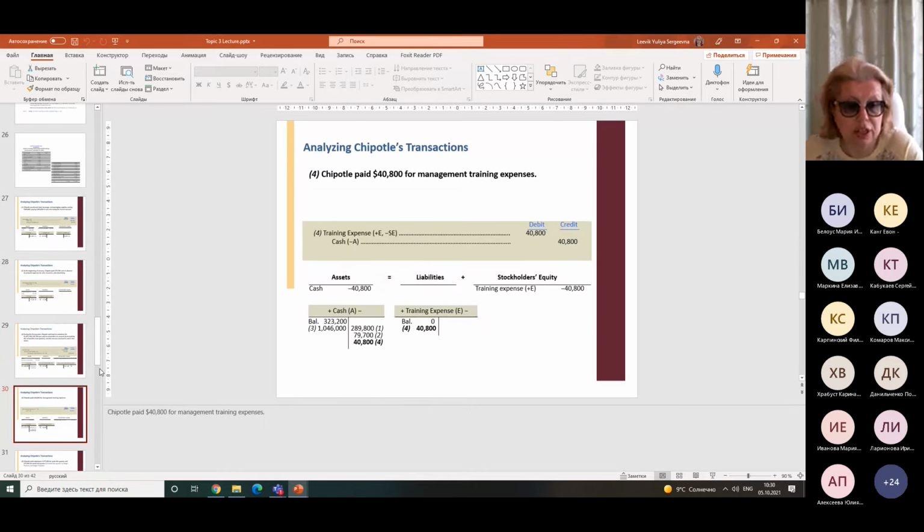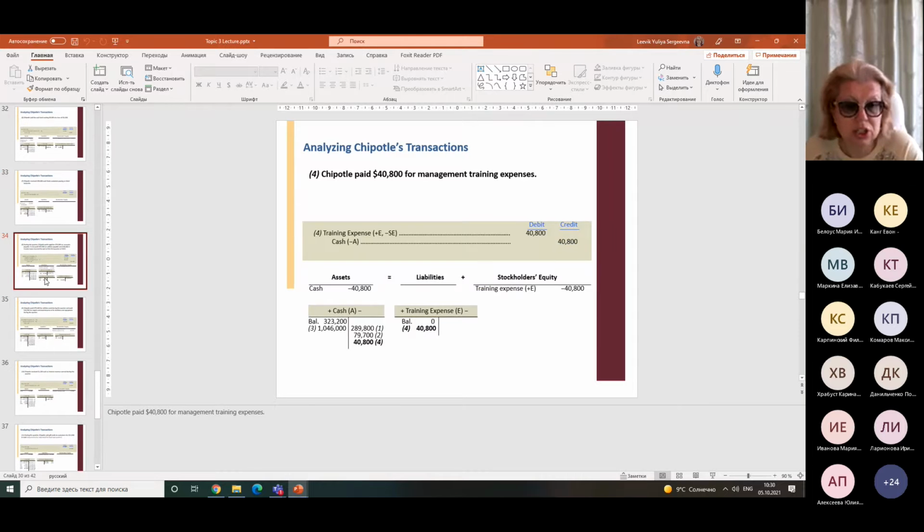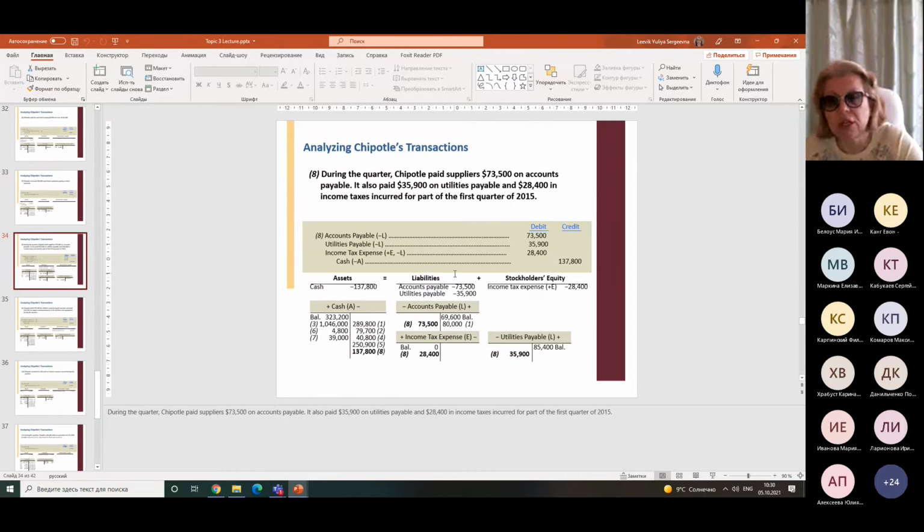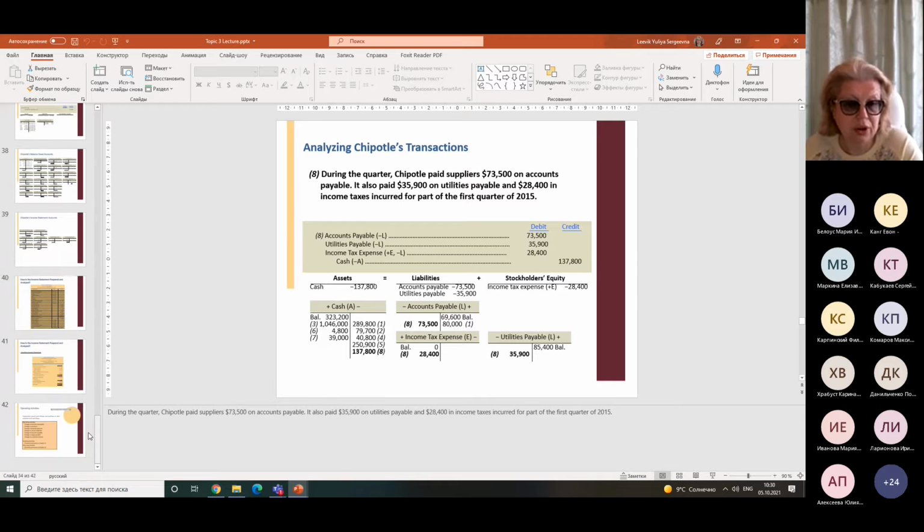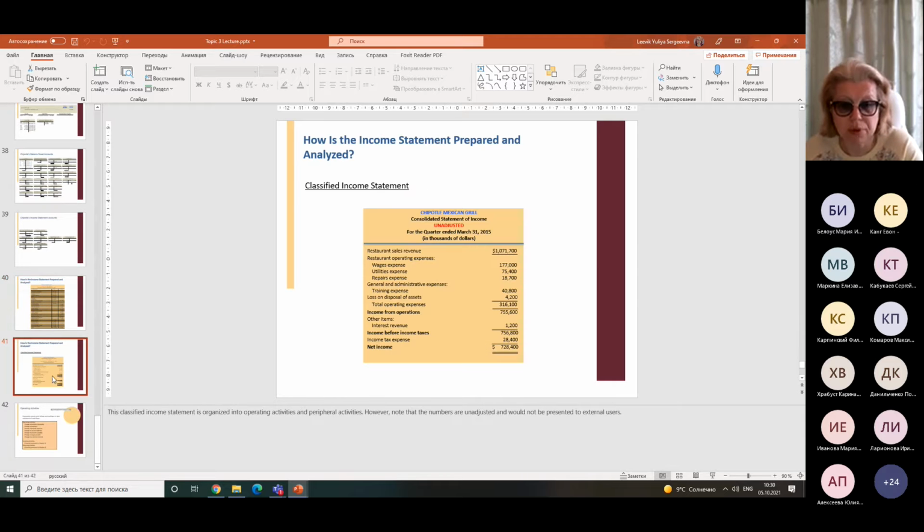And here you find the list of transactions, how to treat them, and what the changes in assets and liabilities are. Very, very nice presentation, very descriptive, very understandable. So I recommend you to open this presentation and to repeat the material.